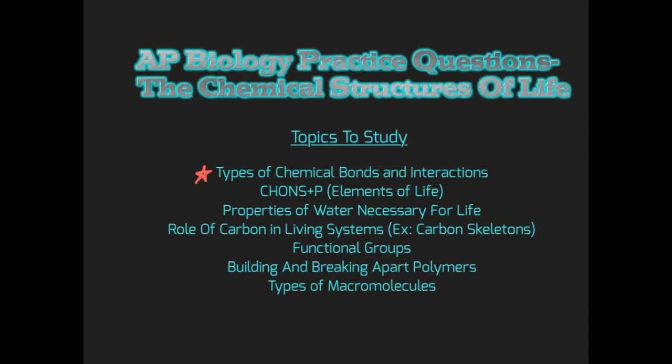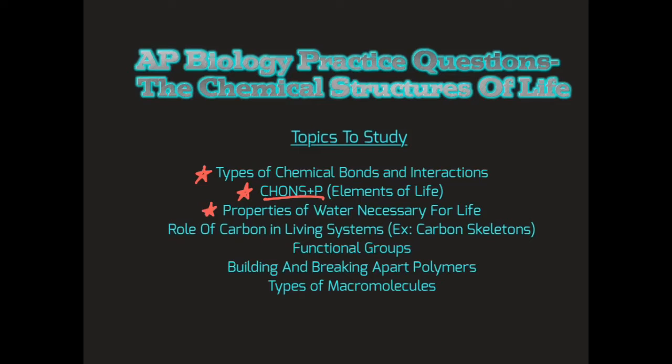You should know the important elements used in life. Know the important properties of water, which we discussed in our last video. It's really important to understand why life would not exist without water and why water is so critical to every living process.